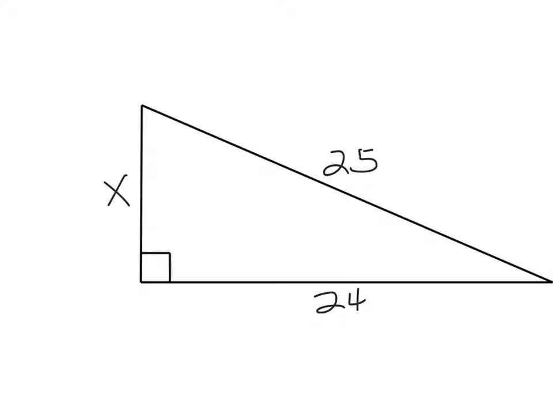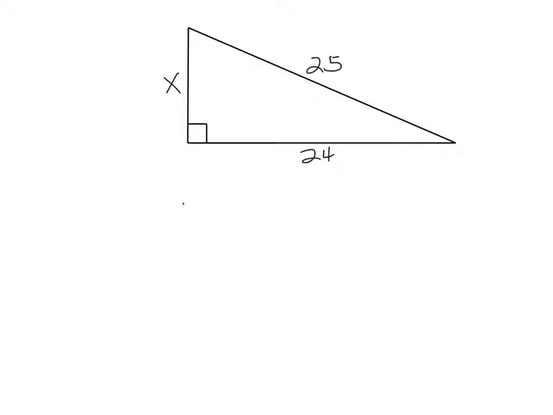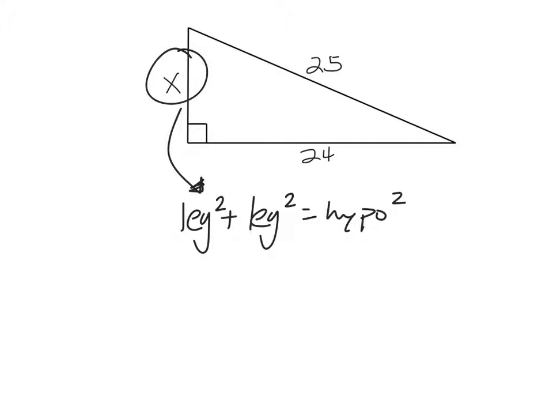Okay guys, try this problem. And when you're done, hit play to check your answer. Let's go through it. Leg squared plus leg squared equals hypotenuse squared. That x is a leg.